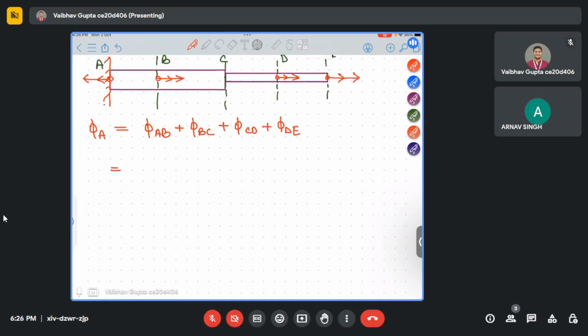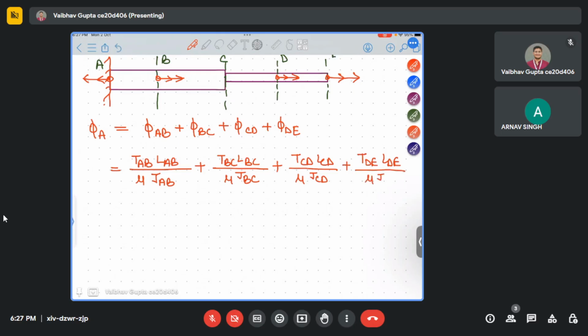So phi AB will be equal to TAB LAB upon mu JAB, mu is constant because same material, plus TBC LBC by mu into JBC plus TCD LCD divided by mu into JCD plus TDE LDE upon mu into JDE.